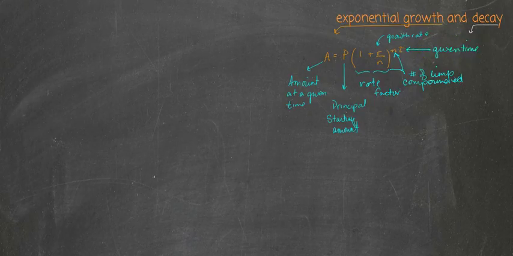So compounding is something we'll talk about in just a second. It basically means if you invest money, say I invest $100 at a bank at 3% interest for a year. At the end of that year, I could walk into the bank and say, give me my original $100, plus give me $3 more for the 3% interest. But sometimes banks do something to try to get you to keep your money there, or to get you to even invest it in the first place.